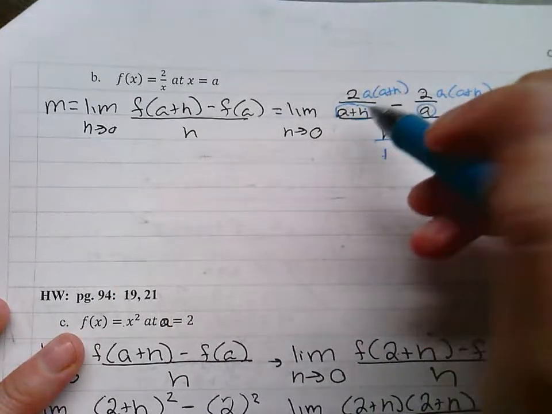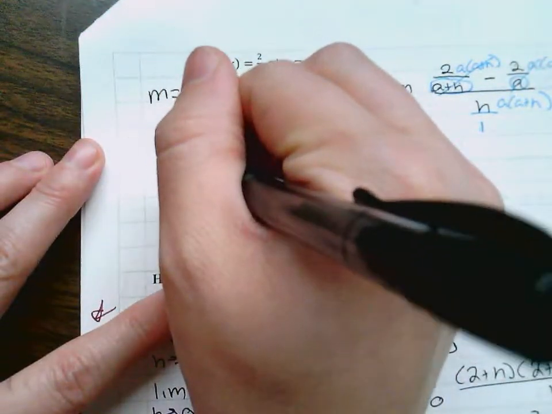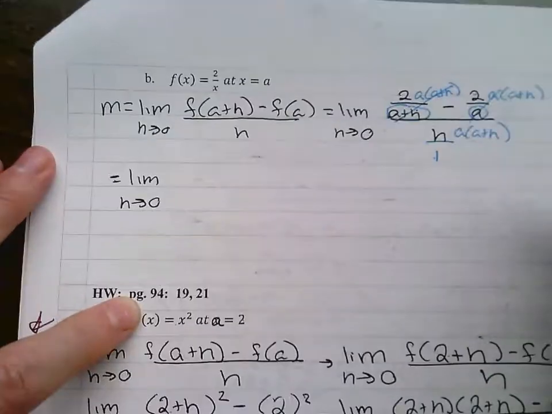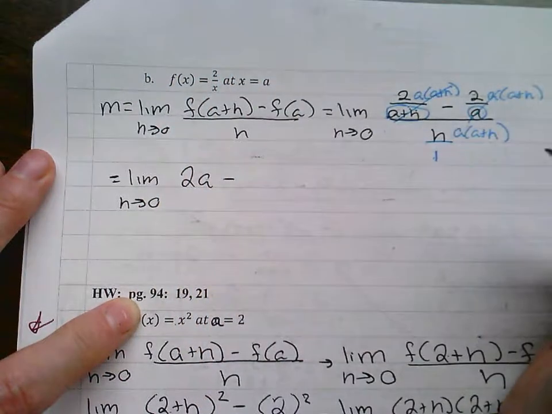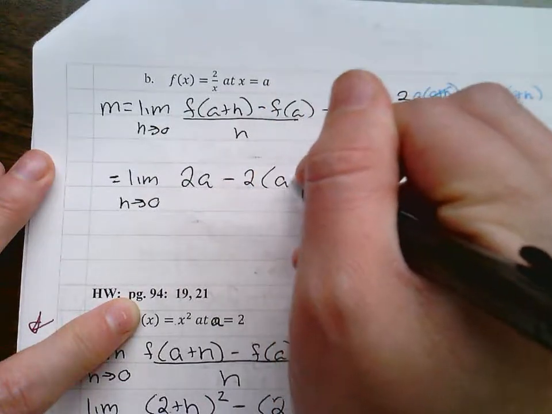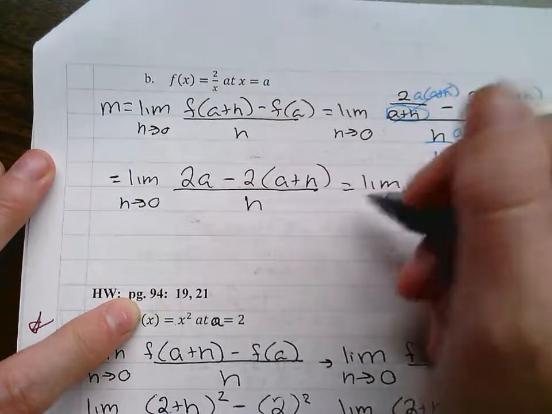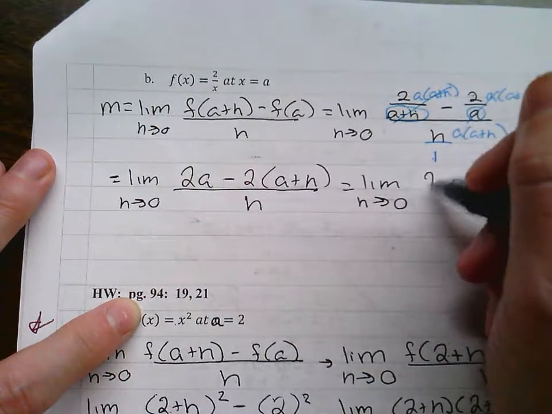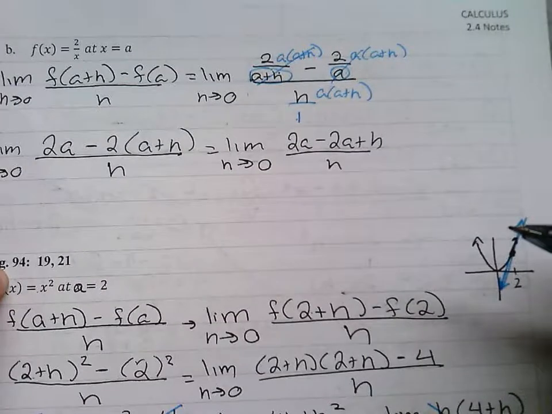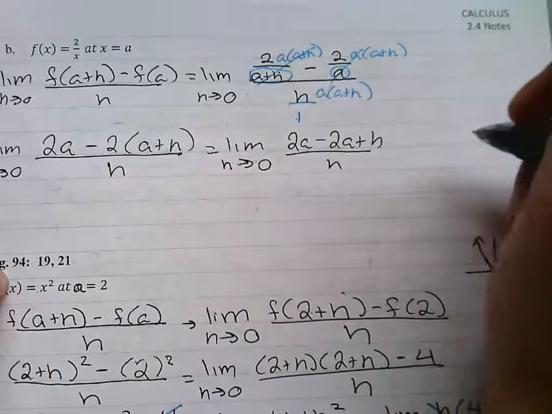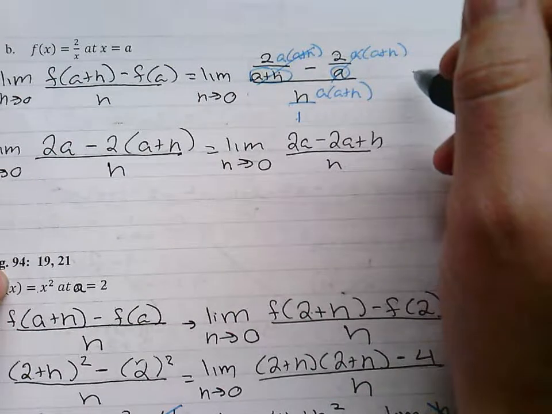Okay, your denominators cancel out, so that's gone. That's gone. 2a minus 2 times a plus h. So then you're going to have the limit as h approaches 0 of 2a minus 2 times a plus h over h, which I think I made a mistake somewhere.